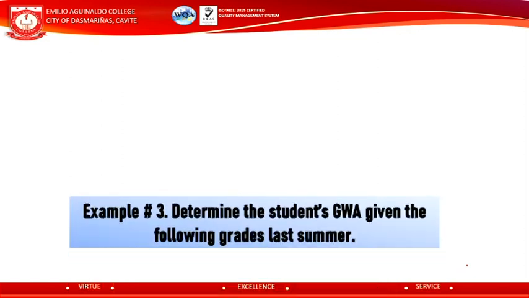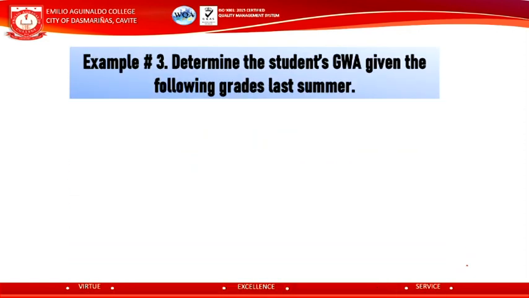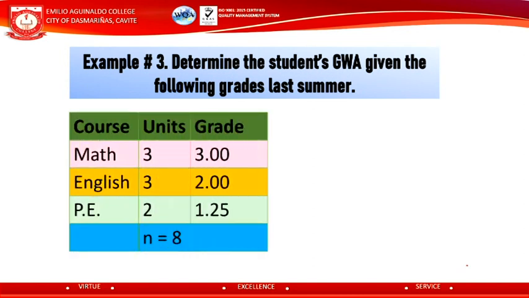Let's proceed to another example. So example number 3, determine the student's GWA given the following grades last semester. So we have 3 different courses: Math, English, and PE. They are 3, 3, and 2 units respectively. And they have their respective grades 3, 2, and 1.25.